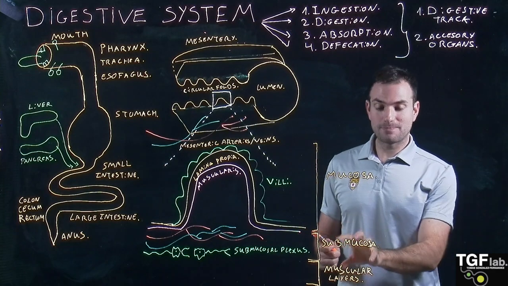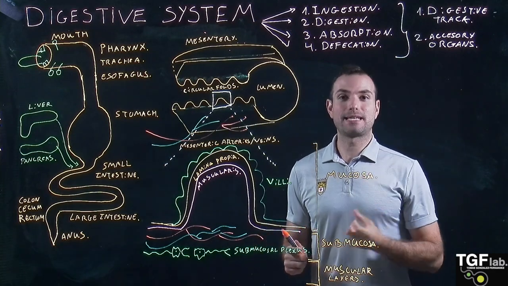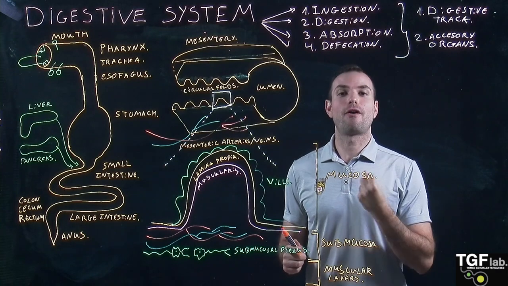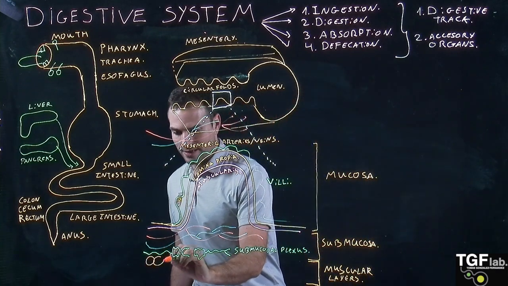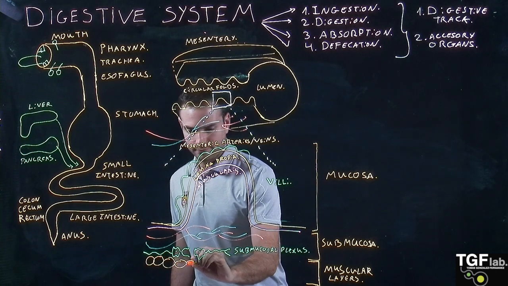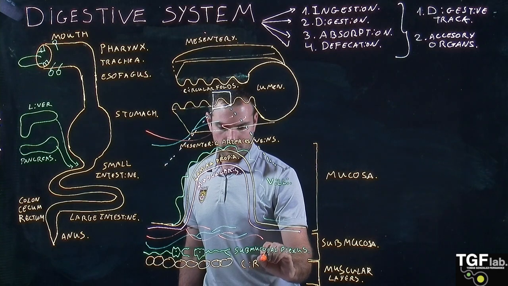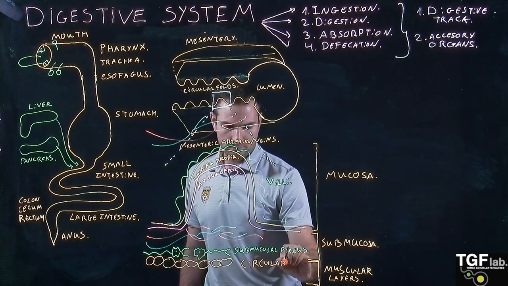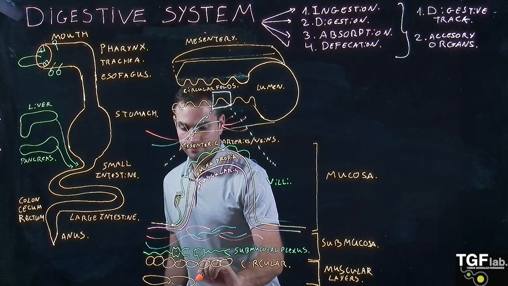And this muscle layer is going to create these peristaltic movements for the movement and the propulsion of the food. So here we have the circular muscle. But we also have the longitudinal muscle.